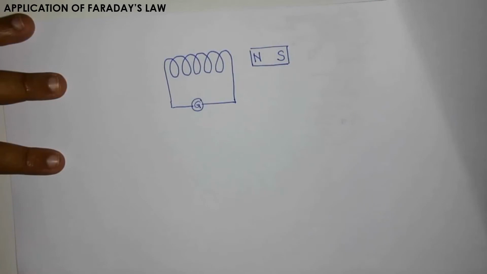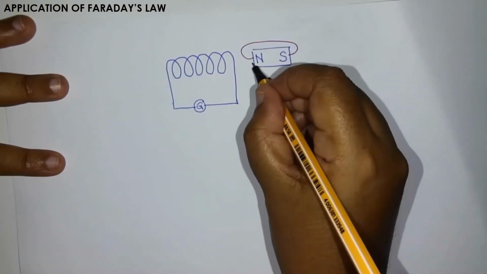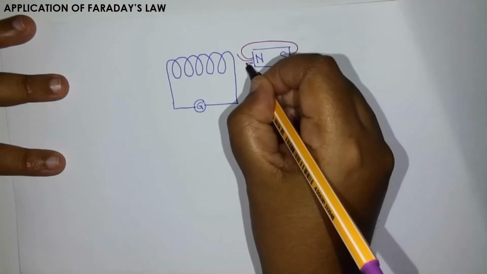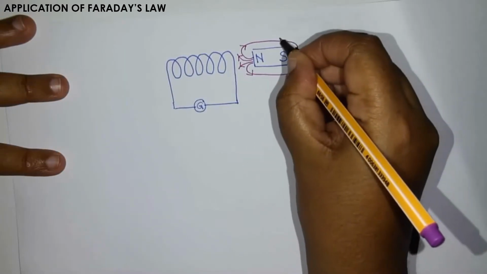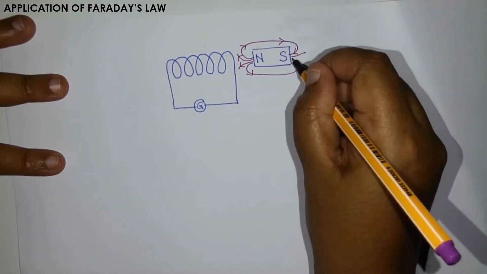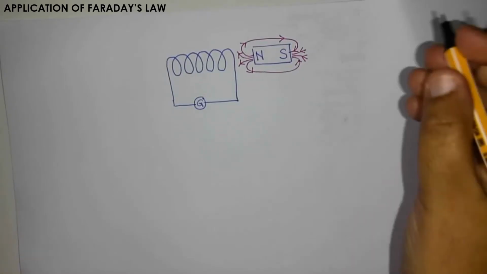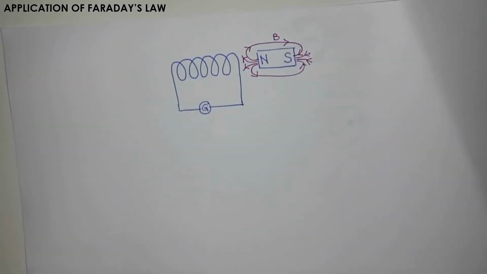So I have a magnetic field around the bar magnet from the north to the south. It looks like this. The magnetic field is B. I'm going to label it as B.